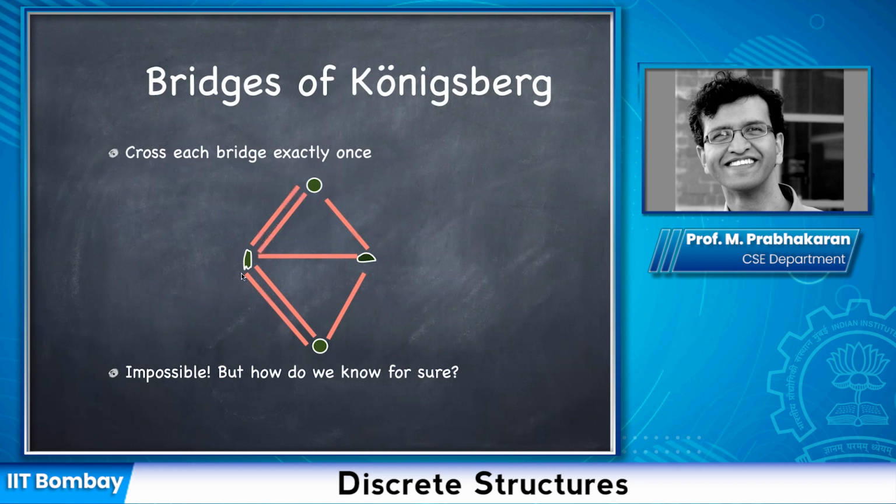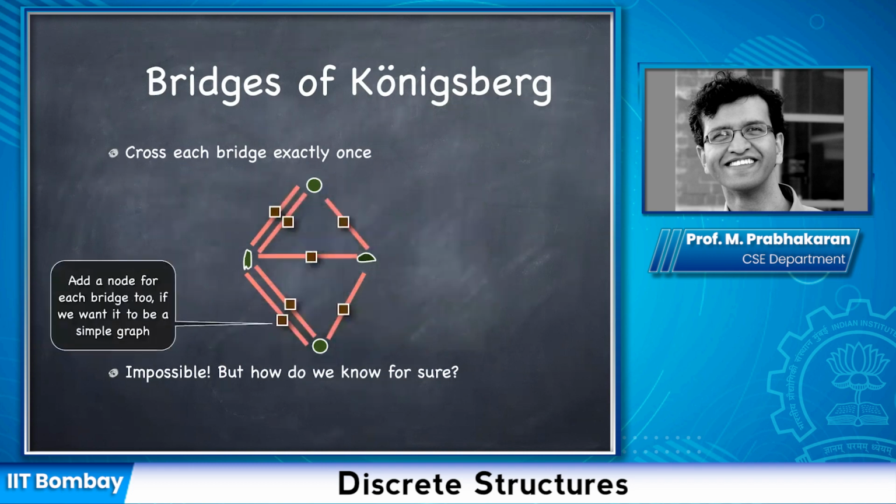As of now, it's not a simple graph because there are these parallel edges, these multi-edges, but you could simply add extra nodes, one for each edge. So you split up what used to be a single edge into 2 edges, connecting a special node that you created for the bridge.